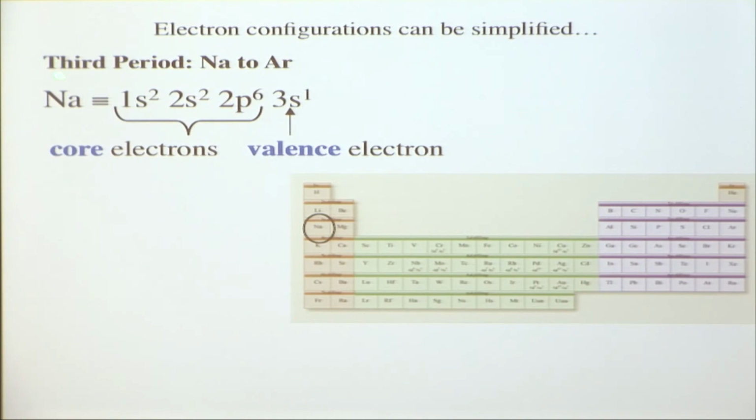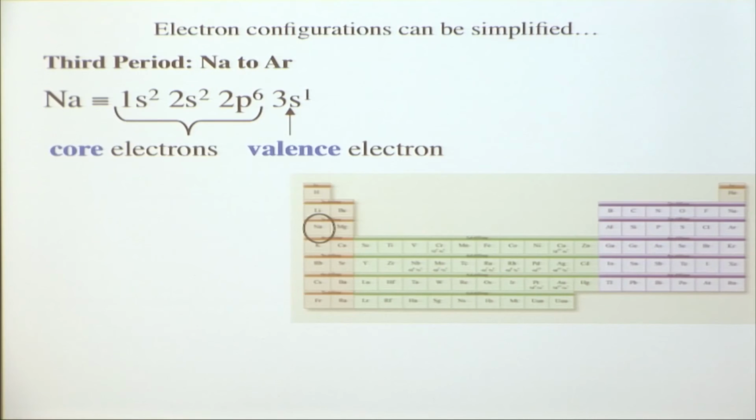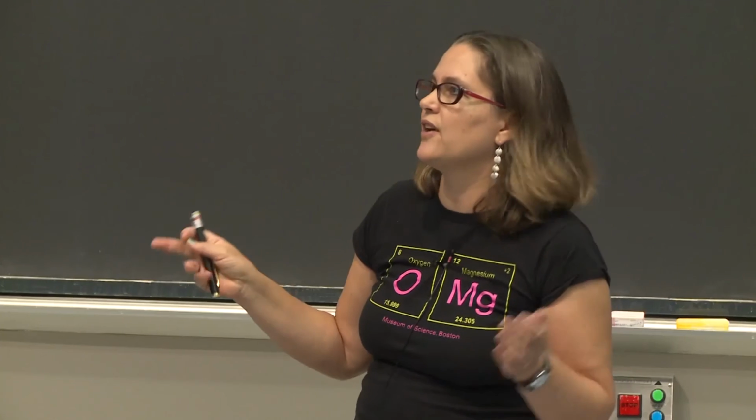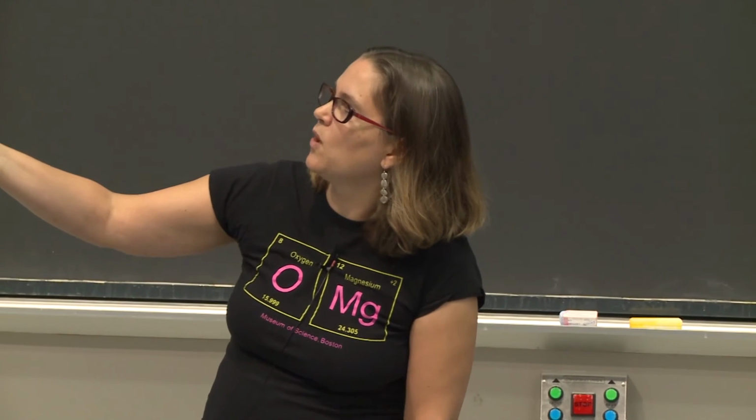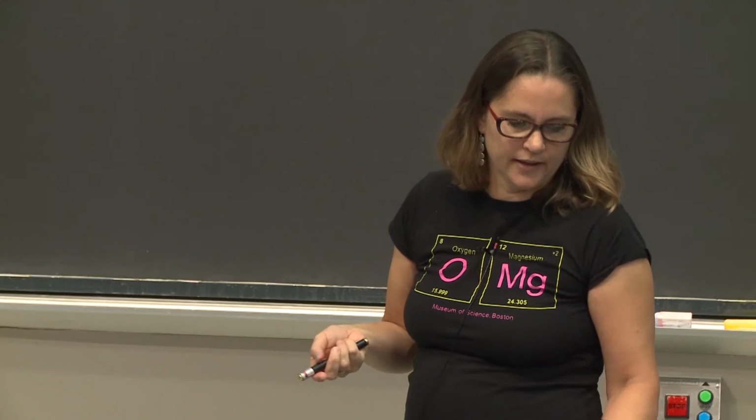And then those are usually not very reactive. They're held pretty tight. And the valence electrons, the electrons that do all the exciting chemistry, you lose and gain valence electrons, they're the fun ones. And so those are going to be beyond that noble gas configuration, those core electrons. And so here sodium has 3s1.